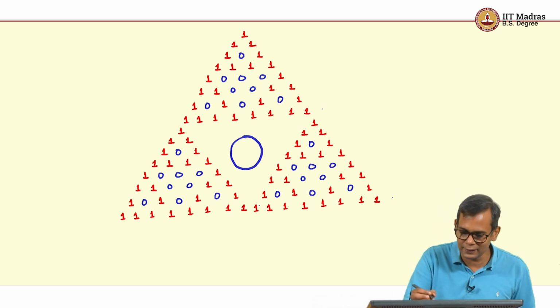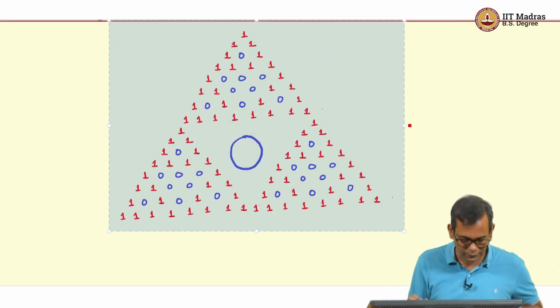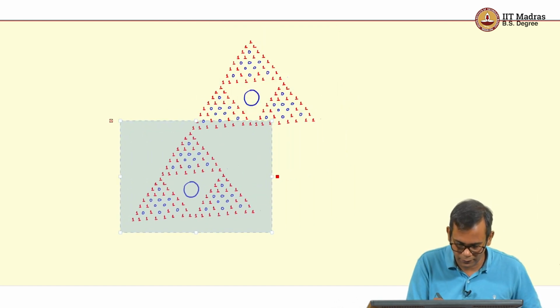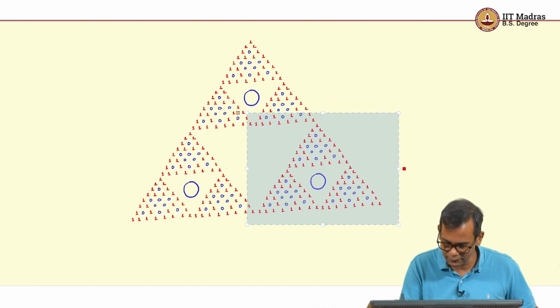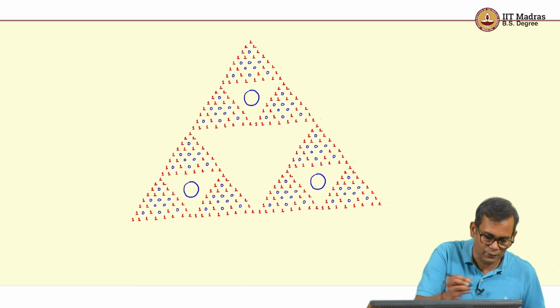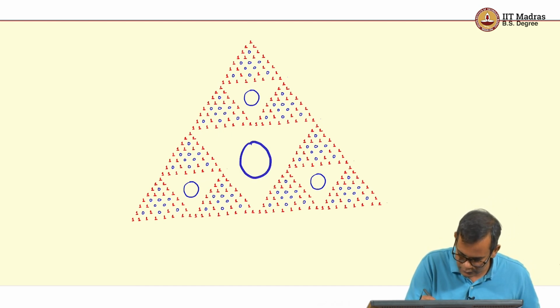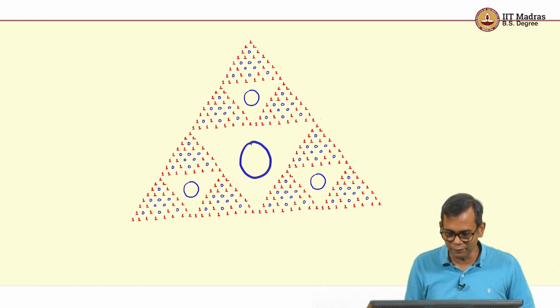And what happens at the next stage? Well, we could take the same picture again, copy it, make 2 copies of it, put 1 down here on the left, put 1 down here on the right, and in the middle we again have a region of zeros twice as large as the previous time. And we can keep doing this.